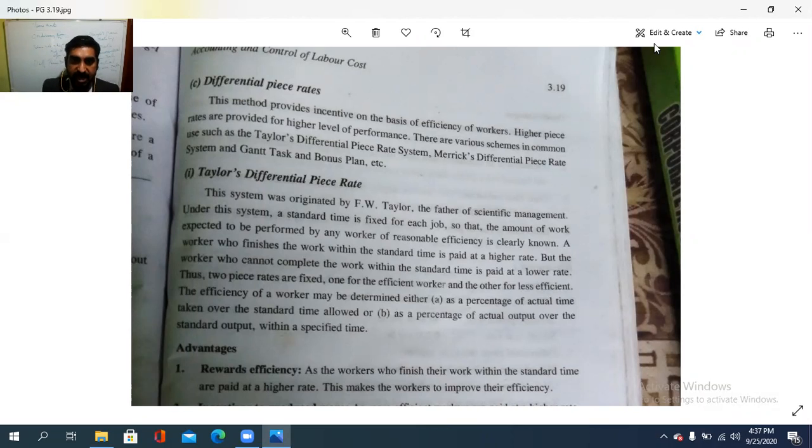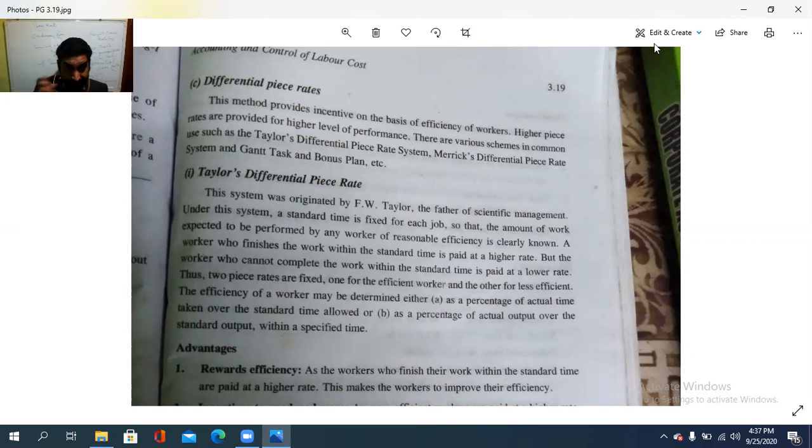Workers with efficiency get bonus or incentive. Higher piece rates are provided for high levels of performance. For those who perform exceptionally, what is there? Higher piece rate. Then the various schemes in common use are Taylor's differential piece rate system, Merrick's differential piece rate system, and Gantt task and bonus plan.